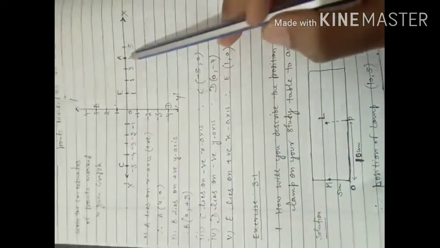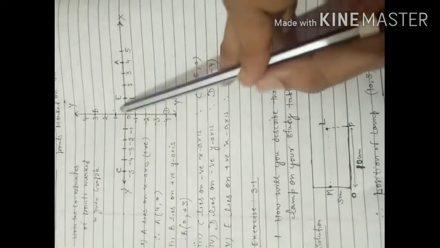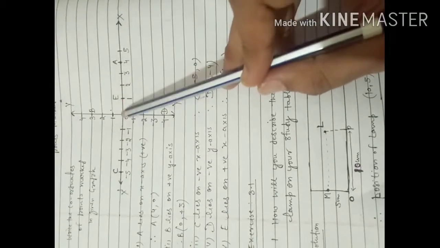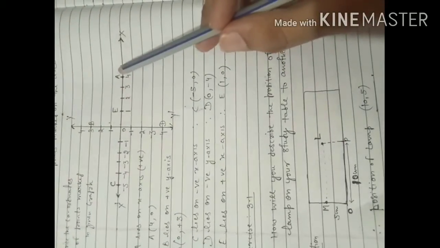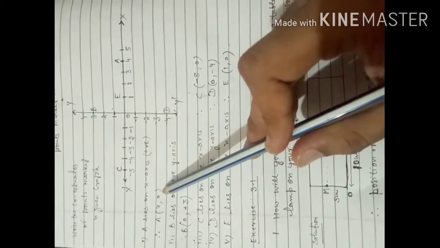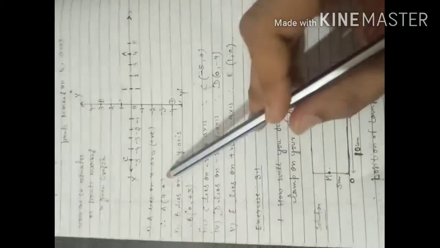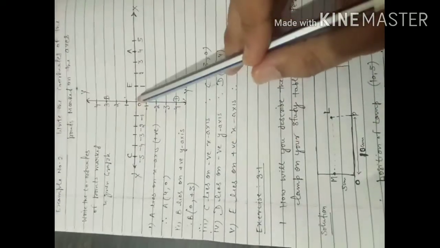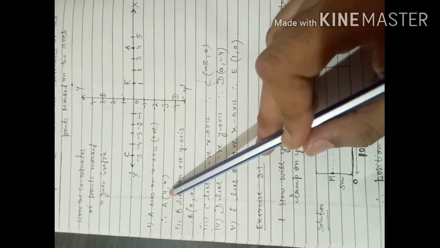A lies on the positive x-axis, at a distance of 4 units from the origin. Therefore the coordinates of A are 4, 0. I have told you that on the x-axis the ordinate will be 0, and the abscissa is the distance from the origin, which is equal to 4 units.